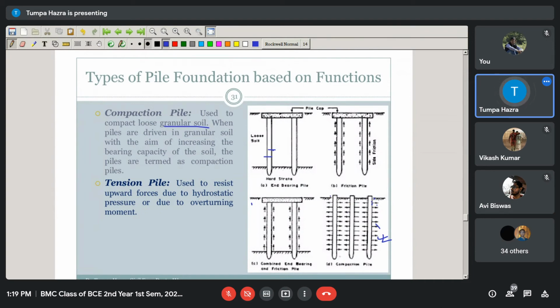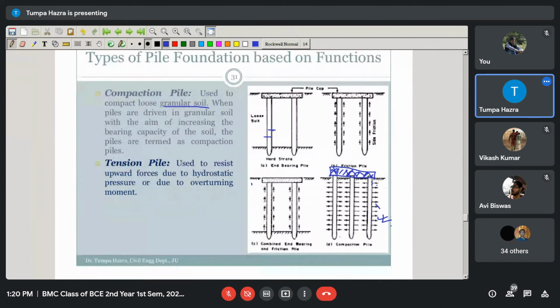Okay, and then one pile cap is constructed above this. So they are not basically supporting the load of the building, but by this compaction they are increasing the bearing capacity of the soil, and therefore that soil can now be utilized for supporting the load. Okay, this is compaction pile.